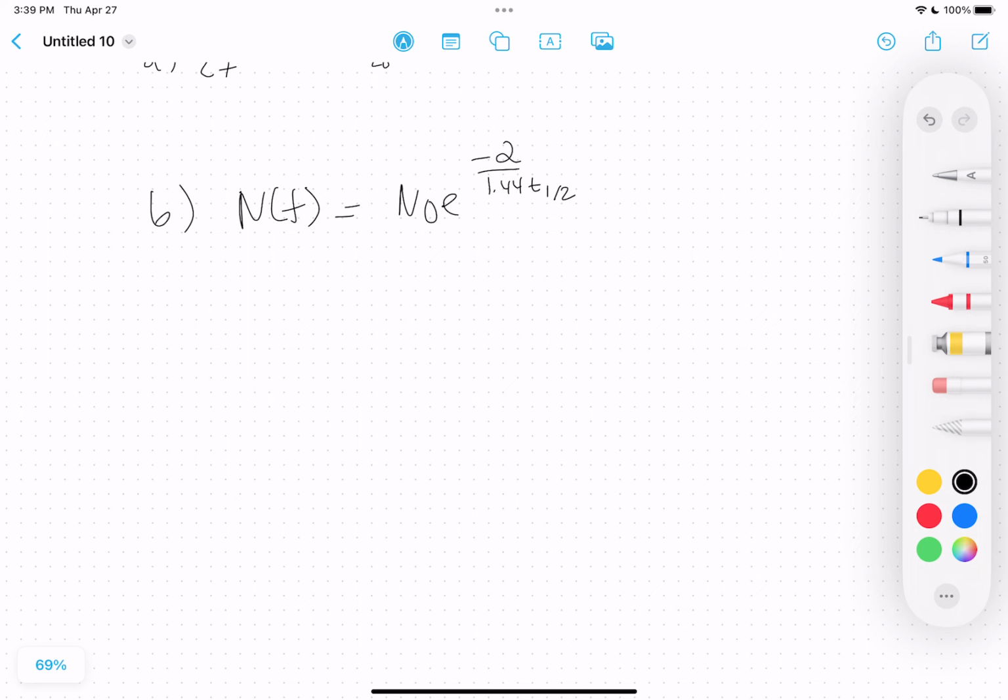It's 10 over 20 times 100. You're taking the amount that's left over that has not decayed, dividing by the original amount, and multiplying by 100 to get the percentage that hasn't decayed, because this equation always gives you the amount that's left over that has not been touched yet.